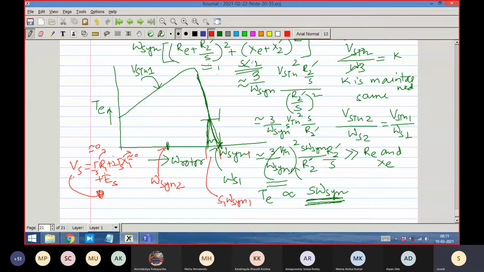You cannot adjust it simply by adjusting these quantities, because the resistance is a coil resistance, which is negligible. The drop will be maybe 1% here, maybe 2% here.